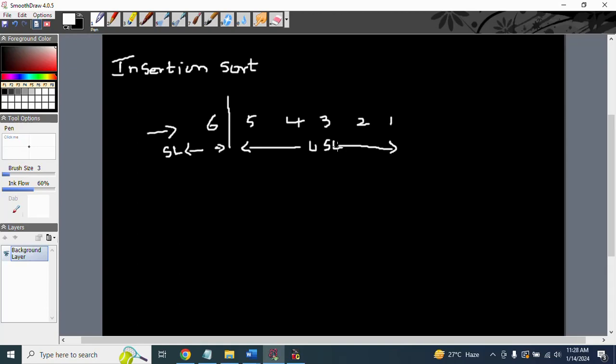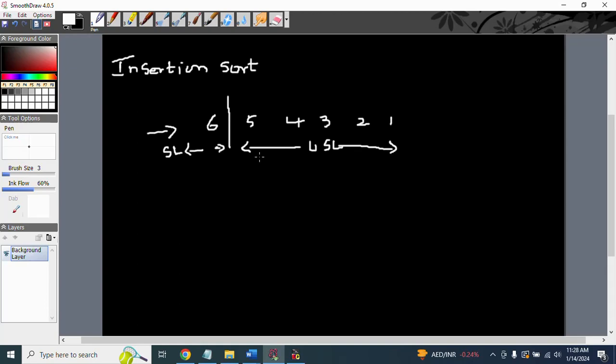What we are supposed to do in this algorithm is compare the first element of the unsorted list with all the elements of the sorted list, and accordingly swap the elements so that they are ordered properly.